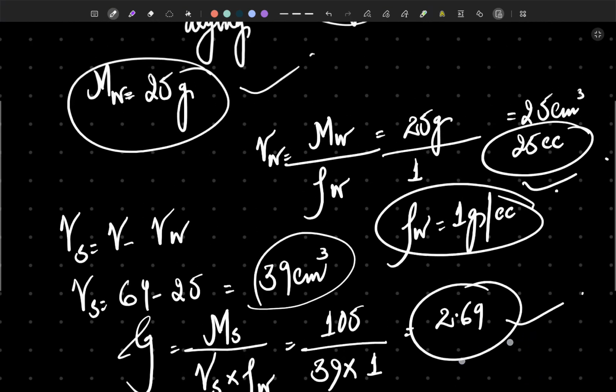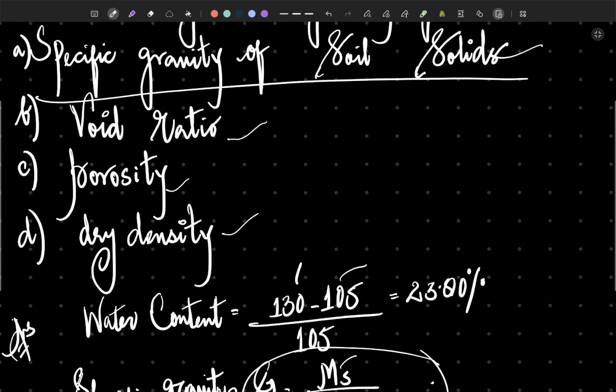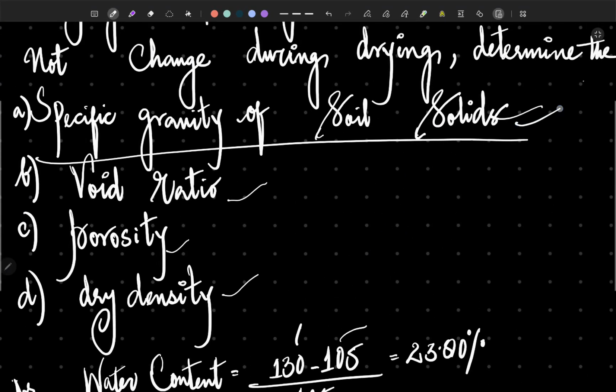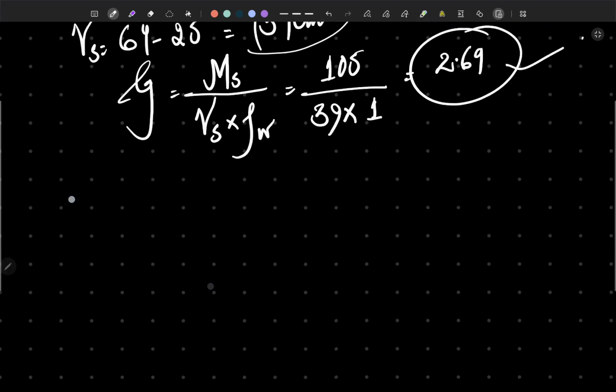Alright, and with that, parameter number 1 is done. We have found the specific gravity of the soil solids, and that's equal to how much? 2.69. Next thing we need to find is the void ratio. Void ratio, denoted by e, is the ratio of volume of voids divided by volume of solids.